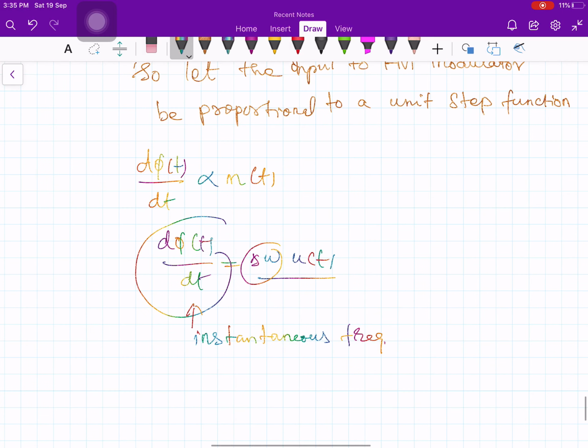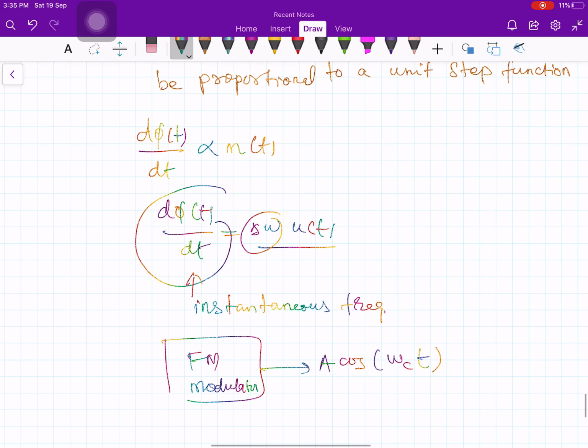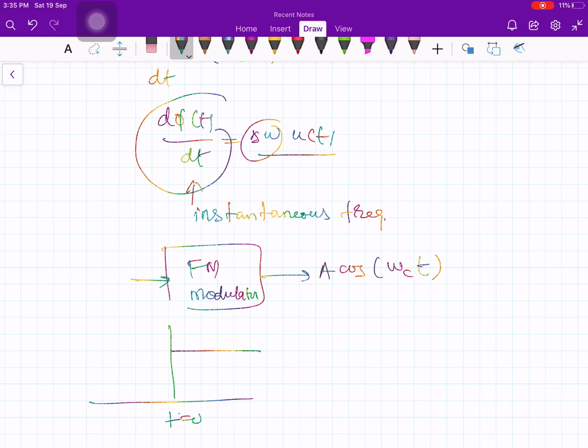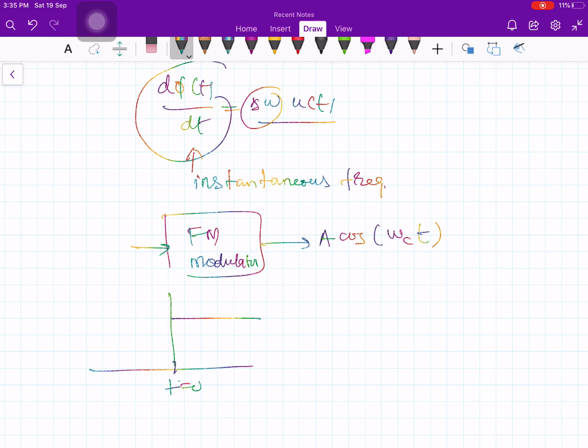That means your FM modulator was producing A times cos of omega ct without any modulation before t equals 0. At exactly t equals 0 it changes its modulation. For t less than 0 it produces A times cos omega ct. When t is greater than or equal to 0 it produces A times cos of omega ct plus delta omega times u of t. That's what I am saying now.